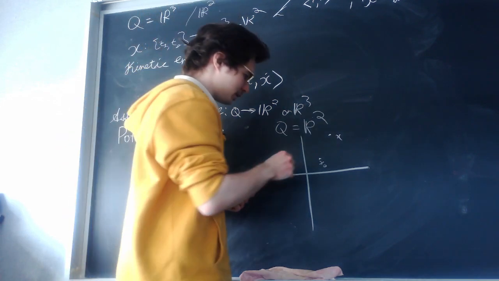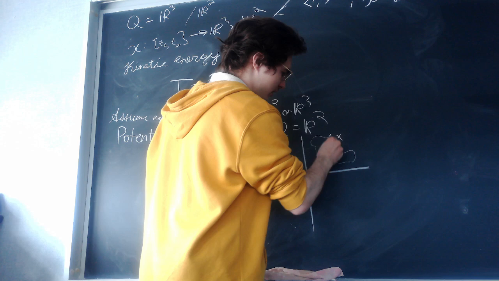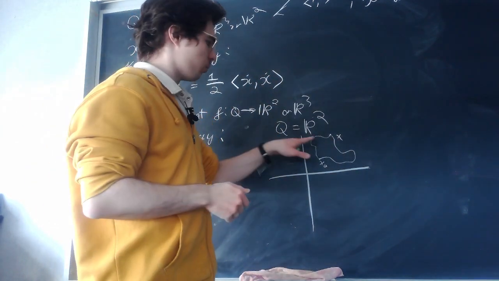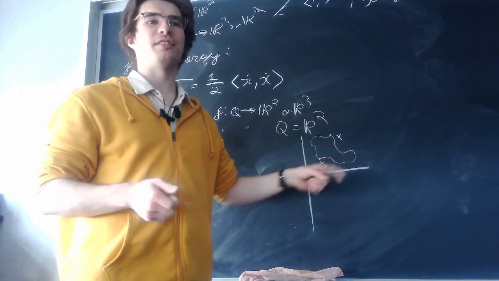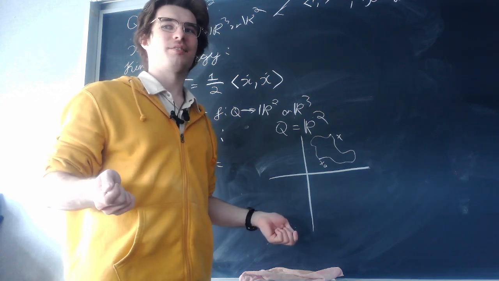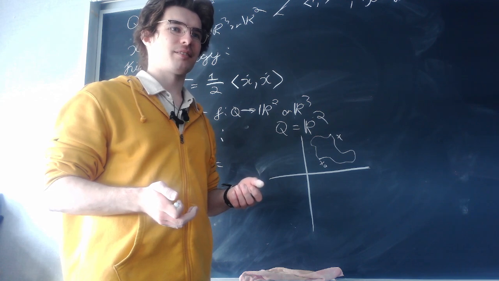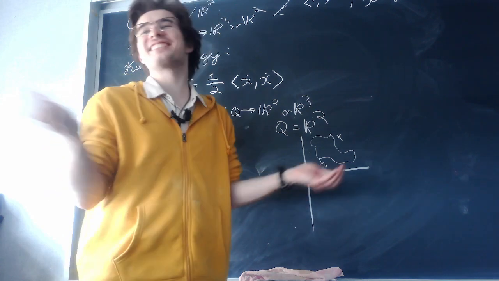And so the question is, what if I chose this path versus what if I chose this path? What if the integral along this path and along this path is not the same? Then what happens? Then I can't define a potential. It's as simple as that.